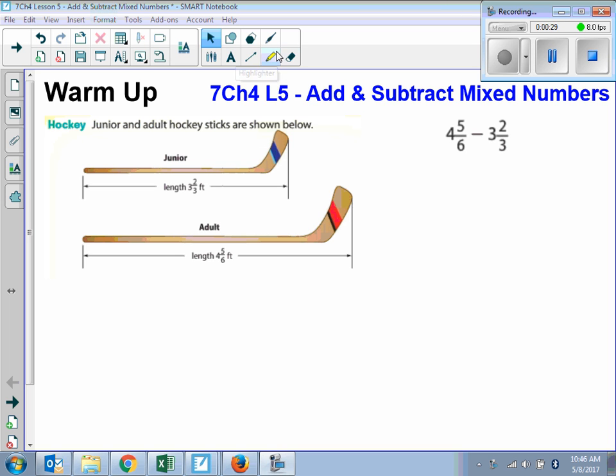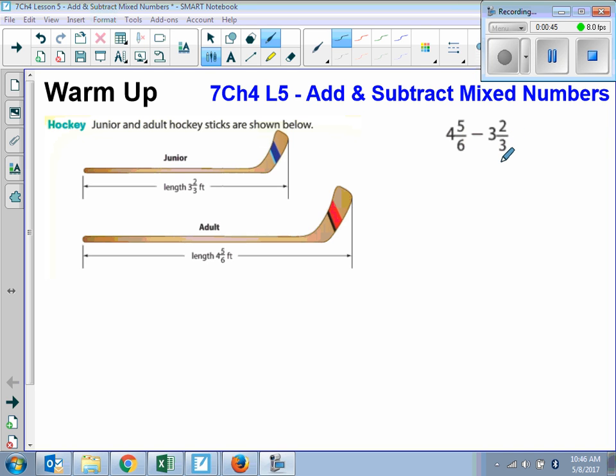Here we can subtract the whole number parts, just like we did in the previous lesson, and then we can subtract the fraction part. Here we have unlike fractions, so we need to get common denominators first.